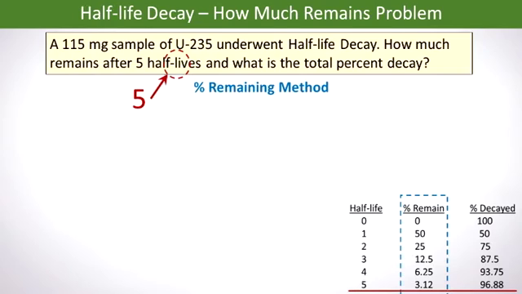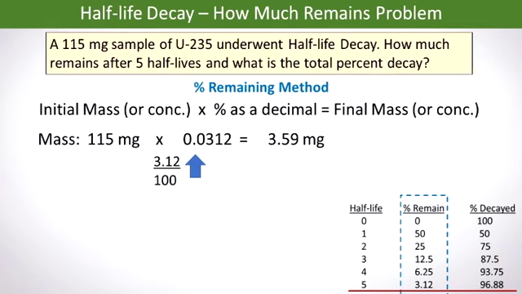Let's just do one more problem here where we take a look at 5 half-lives. The math for this will be exactly the same. We take the initial mass times the concentration converted to a decimal, and we obtain that concentration from the table that we've already developed, shown here, the red line, and in the blue square for the remaining.